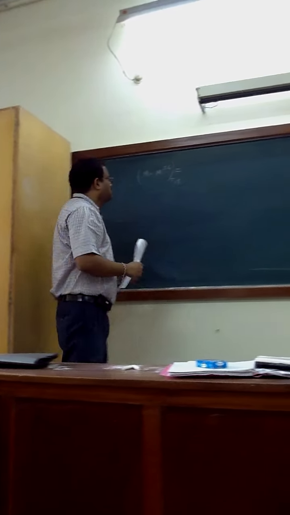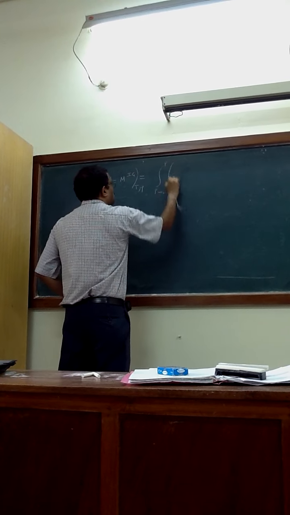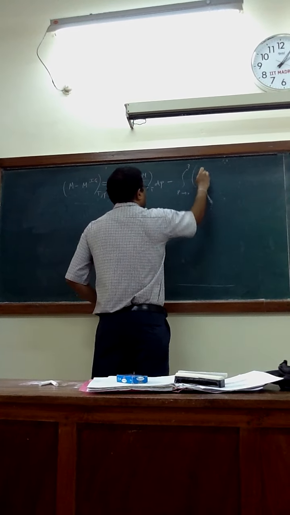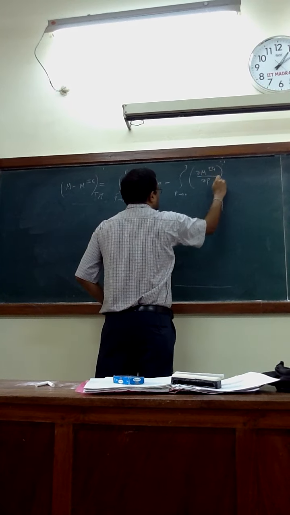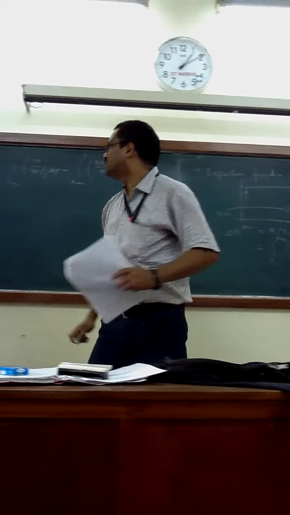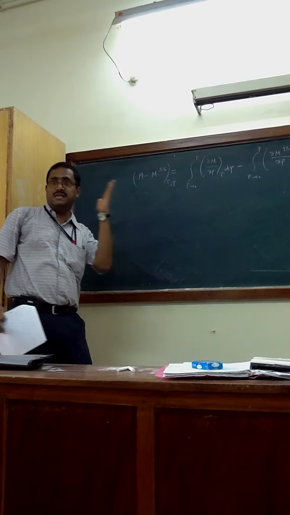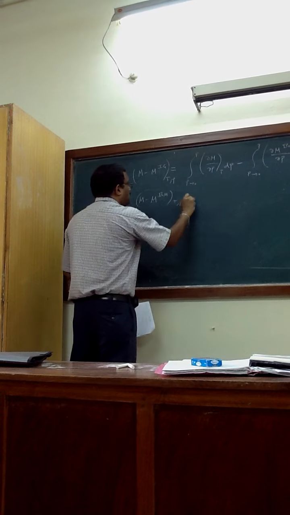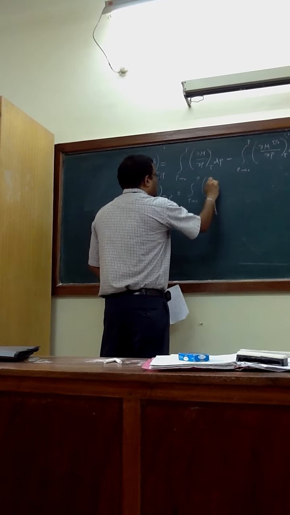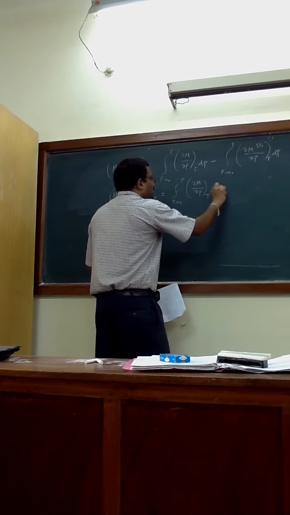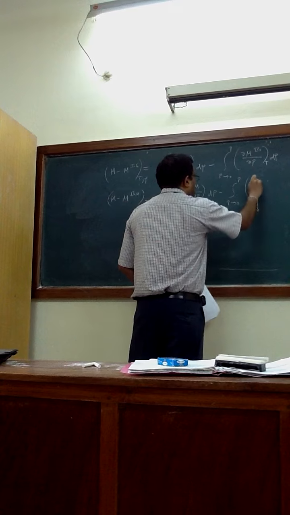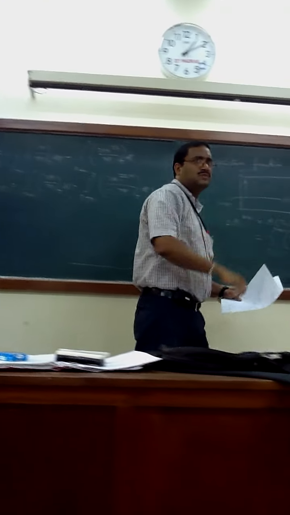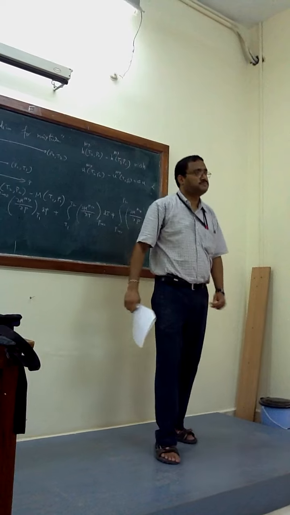For the pure substance, the integral from P tending to 0 to P of dou M by dou P at constant T dP, minus the integral from P tending to 0 to P of dou M IG by dou P at constant T. For gas mixture, it will be IGM: integral from P tending to 0 to P of dou M by dou P dP, minus integral from P tending to 0 to P of dou M IGM by dou P at T. So far similar, no problem.